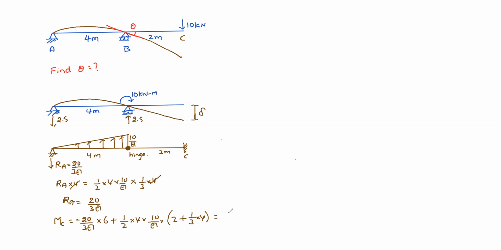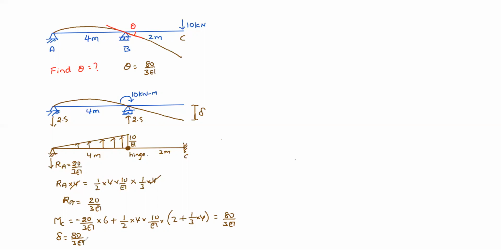It is 80 by 3. So 80 by 3 bending moment. That means delta is 80 by 3EA. That means indirectly this theta will be equal to the same 80 by 3EA. Okay, like this.